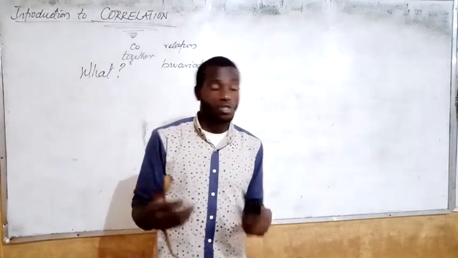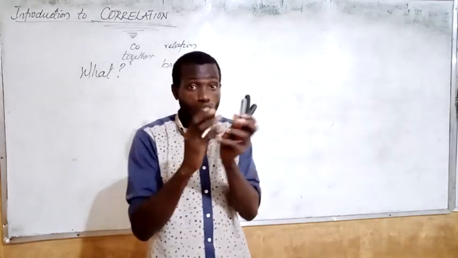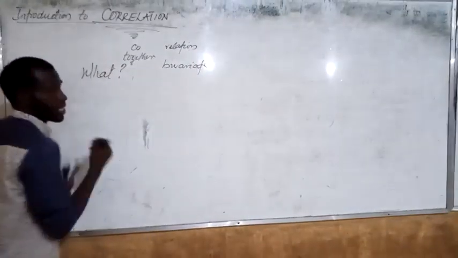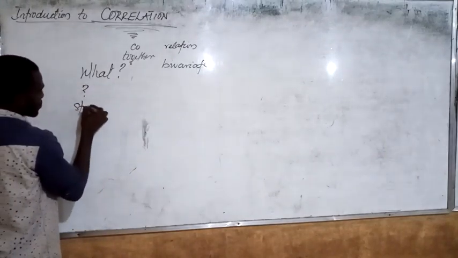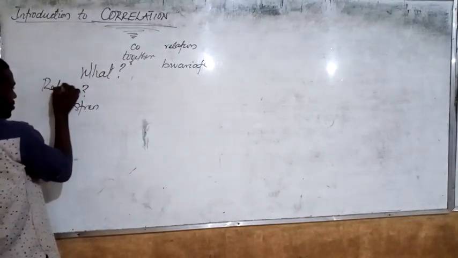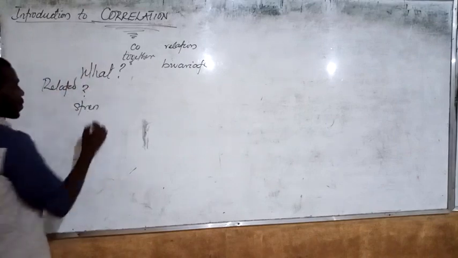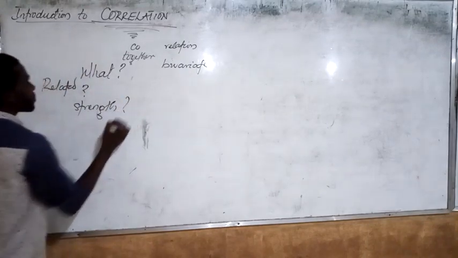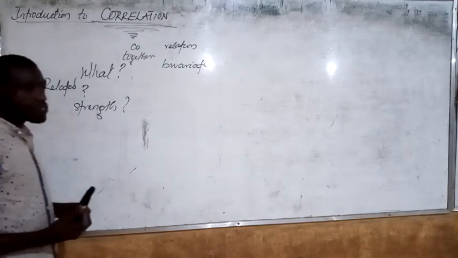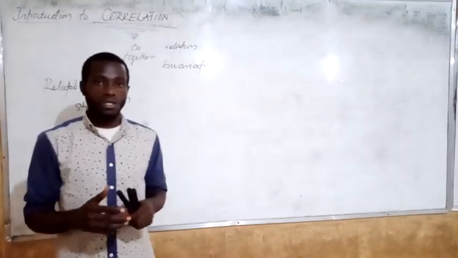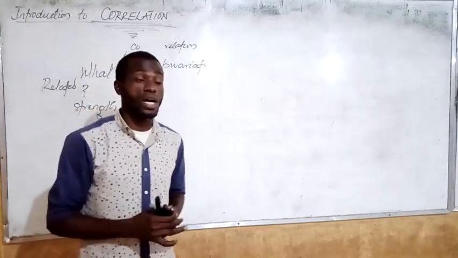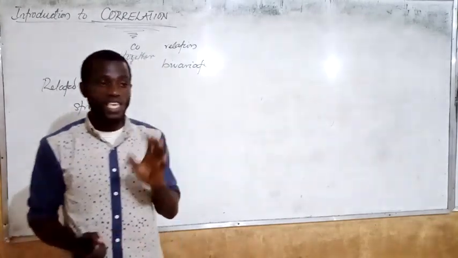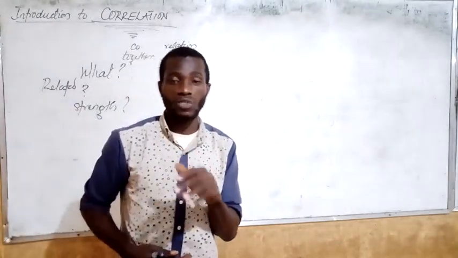So correlation answers questions like: are these two variables related? And if they are related, what is the strength of that relationship? It also tells us about the direction of their relationship. So you can use correlation to test if two variables are related.